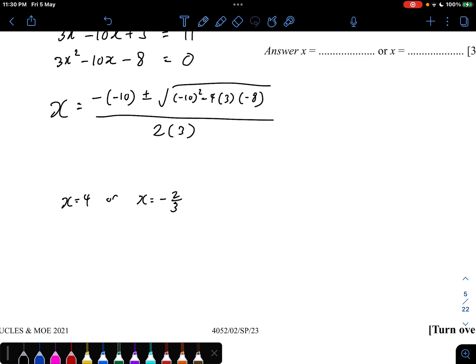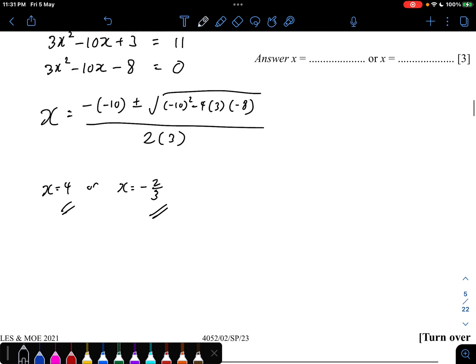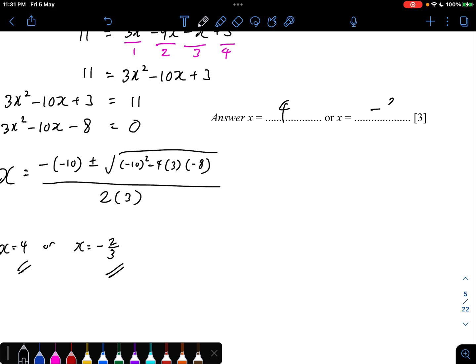You don't really need to simplify this expression, but if you want to, you can. I will leave it as an exercise. You will eventually end up with these two. Okay, so 4 or negative 2 over 3, connected by an or, not and.